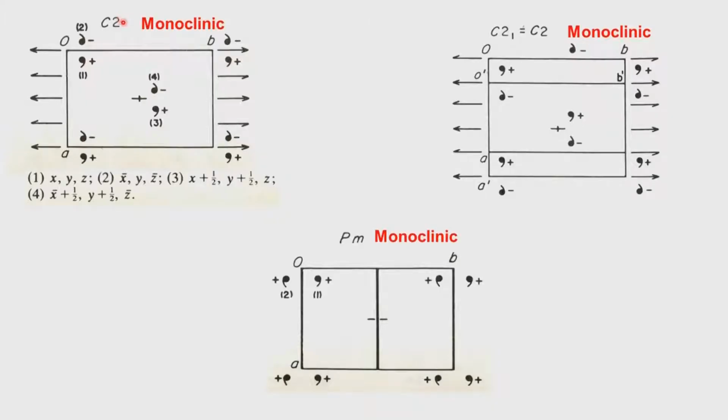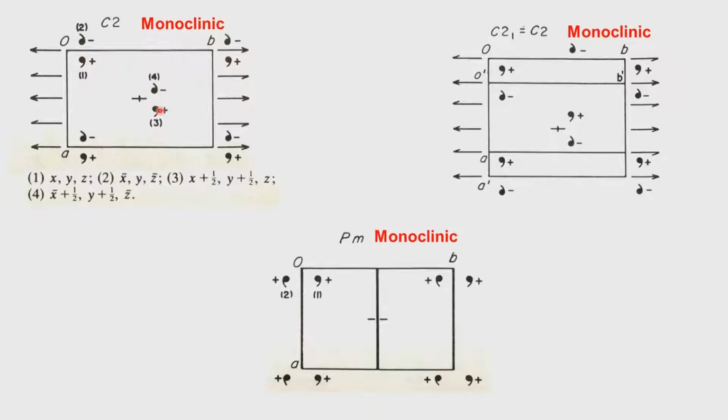So, if we see the C2 symmetry that can be present in a monoclinic system, then you now have the two-fold operation associated with the b direction, which will take object 1 to object 2. Then object 1 and object 2 will also have the C-centered lattice. The moment we have the C-centered lattice, we generate this object at half plus x and half plus y, because it is C-centered.